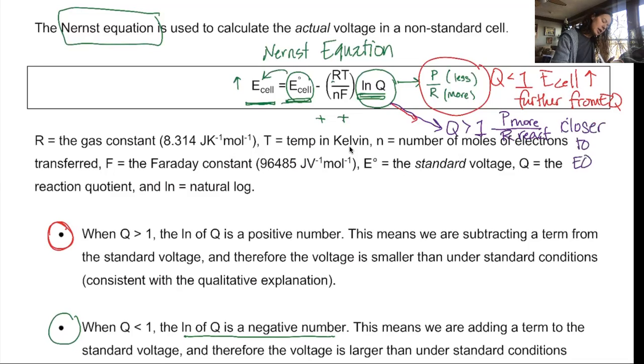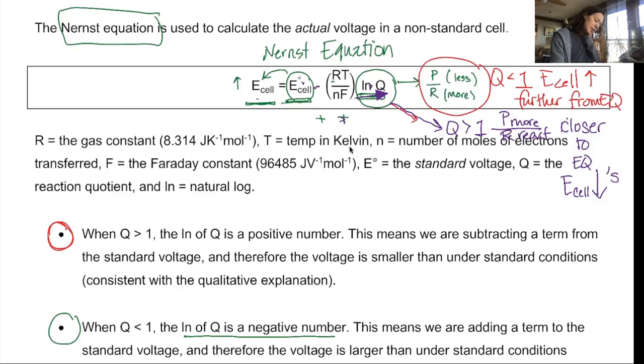There's less to be done to get to equilibrium, and we see that the E cell non-standard decreases. Okay, sorry, let me just use decreases. So we can look at it in terms of the natural log of a number less than 1 is negative, and when you subtract a negative from a negative, it's a positive, and we're adding a positive number to E cell to get non-standard.